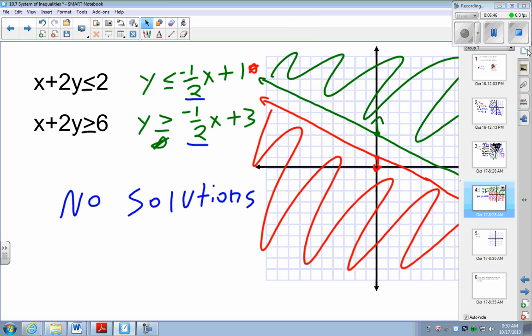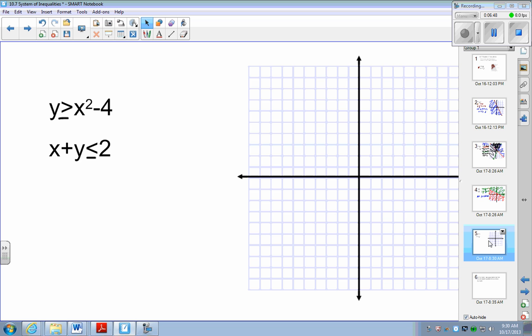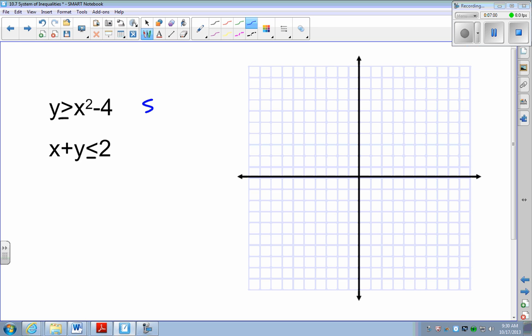Okay, now let's look at something that isn't linear. So before we can start graphing these, let's go ahead and find where these two lines will intersect. And in order to find where they intersect, we're going to use substitution. We're going to substitute this x squared minus 4 into this y, because this all equals y.